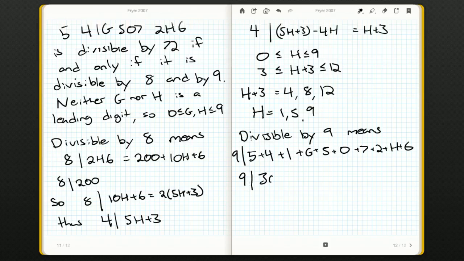That's 30 plus G plus H. Group those, that's 15 right there, and that's another 15. So yeah, definitely 30. So we can subtract off 27 from this 30, and we just get 3 plus G plus H. Okay. So we have possible values for H.